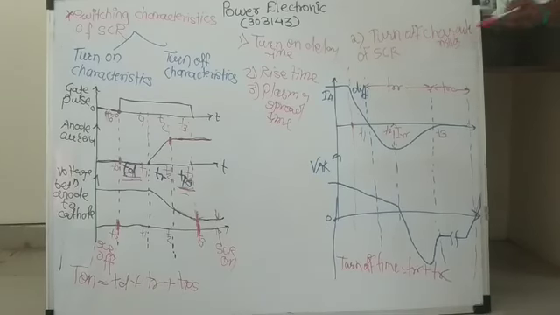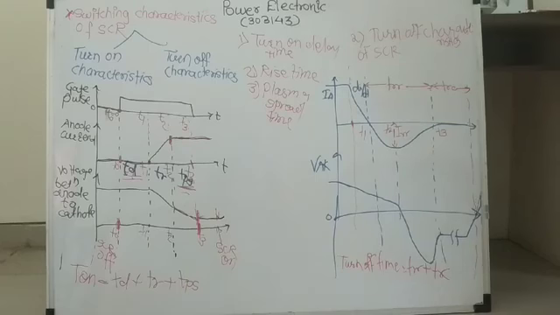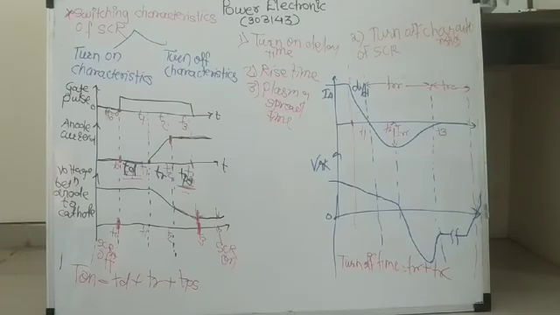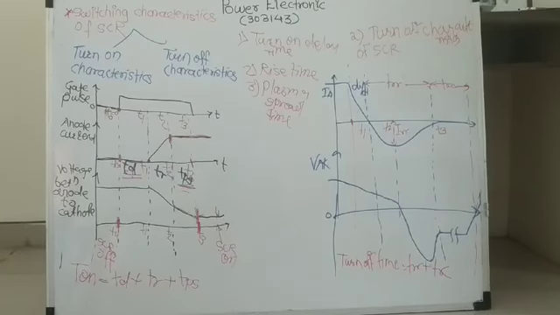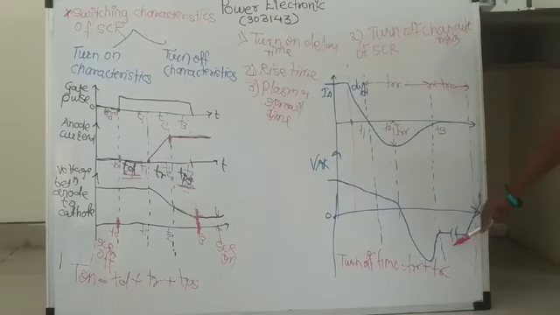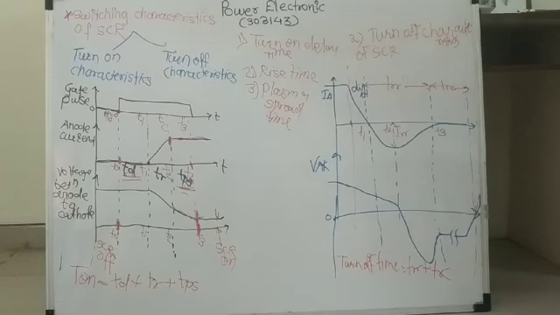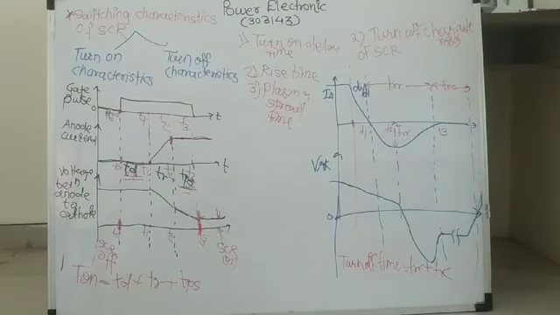This TRR is called the reverse recovery time, and this TRC is called the reverse recombination time, or we can simply say recombination time. Means your total turn off time is the addition of reverse recovery time plus recombination time.